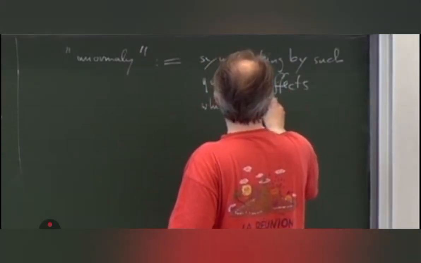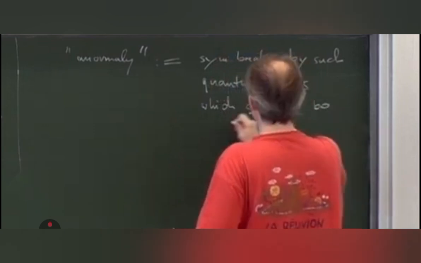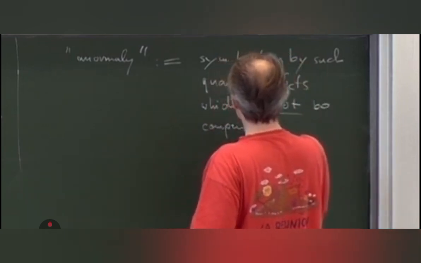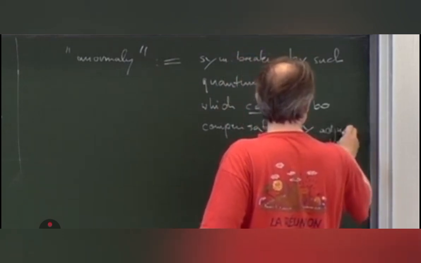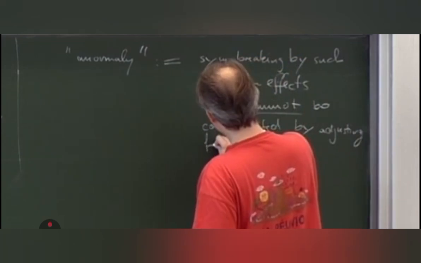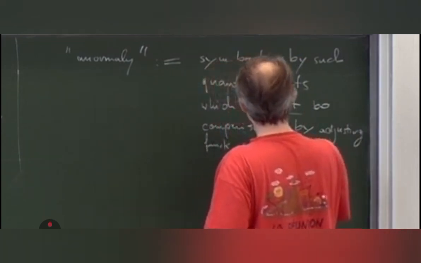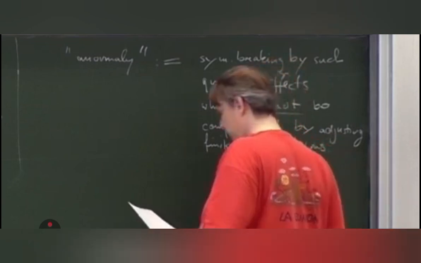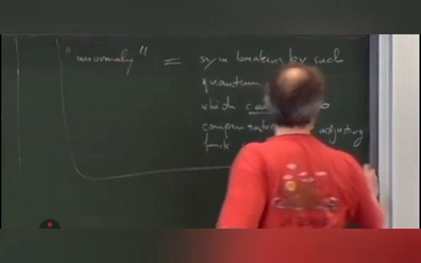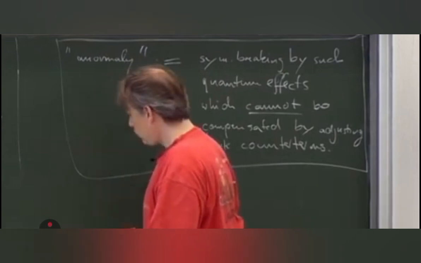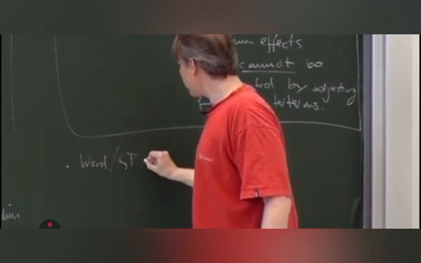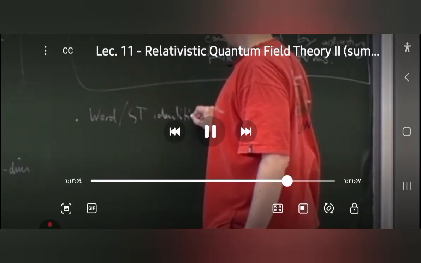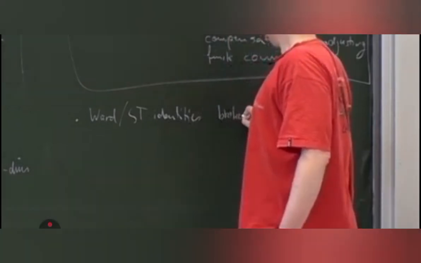Therefore let me add: which cannot be compensated by adjusting finite counter terms. So, the effect of this is that Ward or Slavnov-Taylor identities are broken at order h bar.